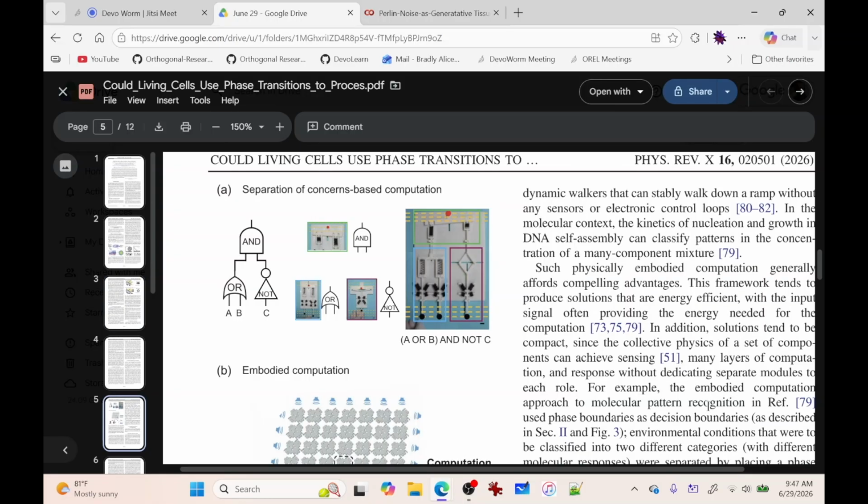This is, of course, working with logic gates. So they're showing separation of concerns-based computation. An example of this would be a number of logic gates configured in a network, where you have an OR gate and a NOT gate combining into an AND gate.